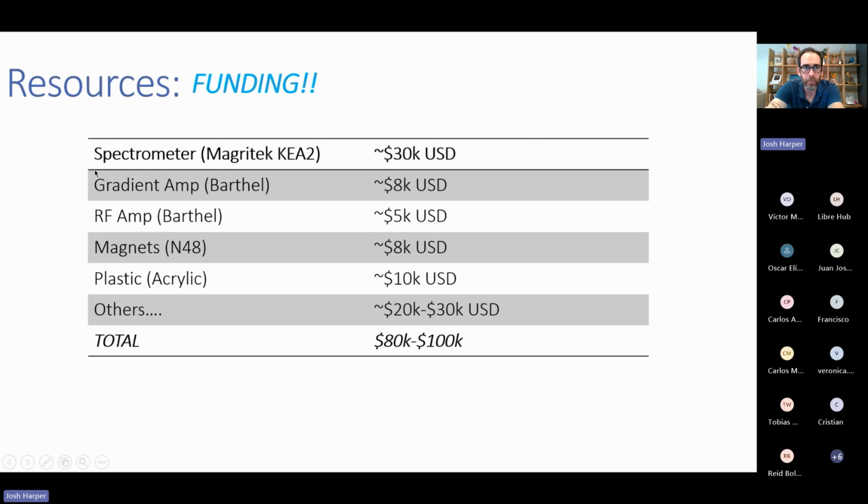There are probably some open source gradient amplifier designs that could also be used in this system if you match the specs to the Bartel that we're using. And the radio frequency amplifier, you can use the open source version as well, which instead of 5,000 probably runs closer to 1,000. So there are much more affordable ways to do this, but again, I give the highest cost estimate because it also is the one that's most likely to produce high SNR.